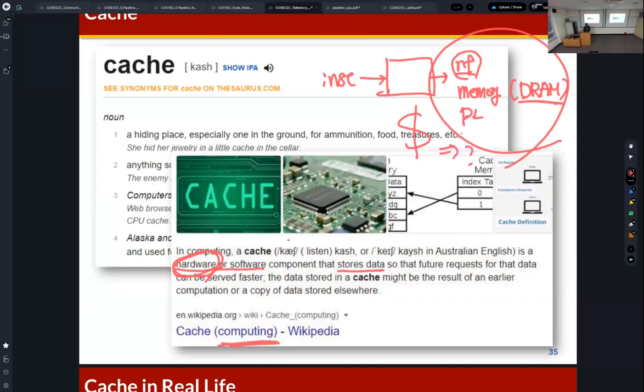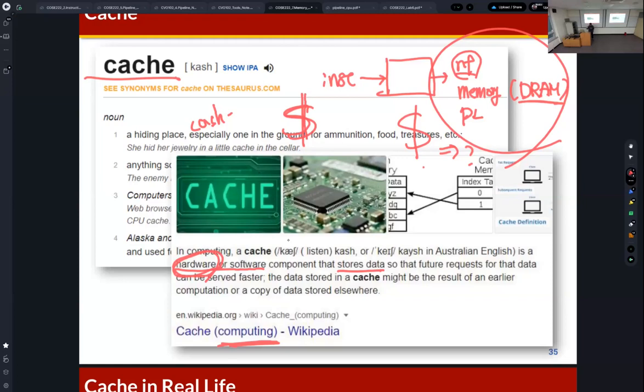So I frequently use the $ sign for the cache because the pronunciation is the same. So the pronunciation of cache is the same as the cache $ sign. So I frequently use the cache. Where is the cache? Cache is not here. It means that the cache is managed by hardware, not software.